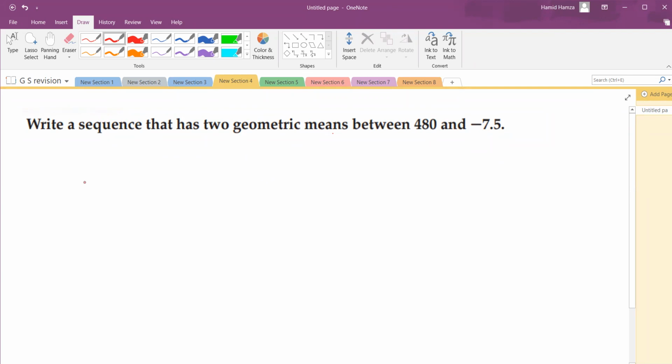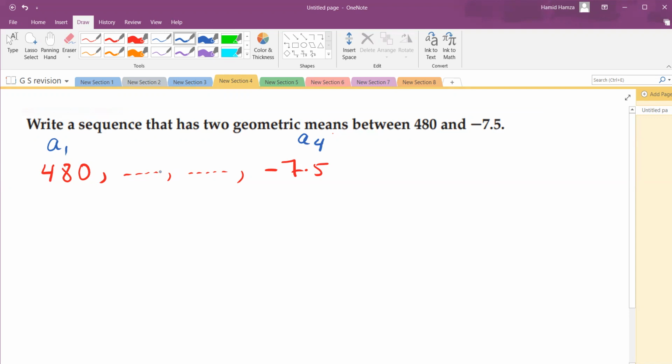So that means I wanted to find two terms between these two. In this case, guys, this number represents the first term, and this represents the fourth term, A1, A2, A3, A4. So this is A4.